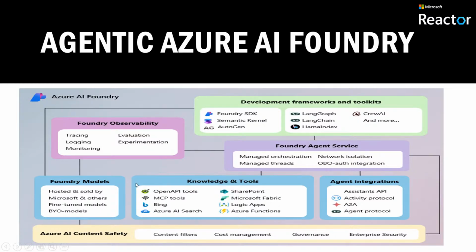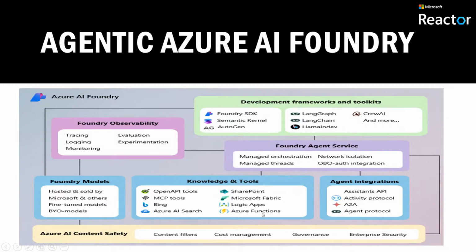From this understanding, the Azure AI Foundry can be connected to different pieces such as models, various tools and frameworks, identity, networking, and observability, and there are different things available for you.